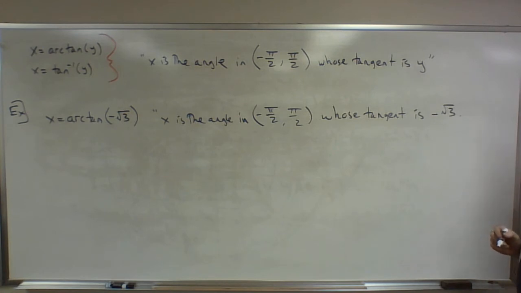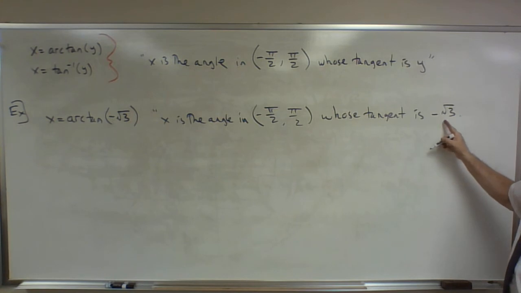So let's see. We want an angle whose tangent is negative square root of 3.